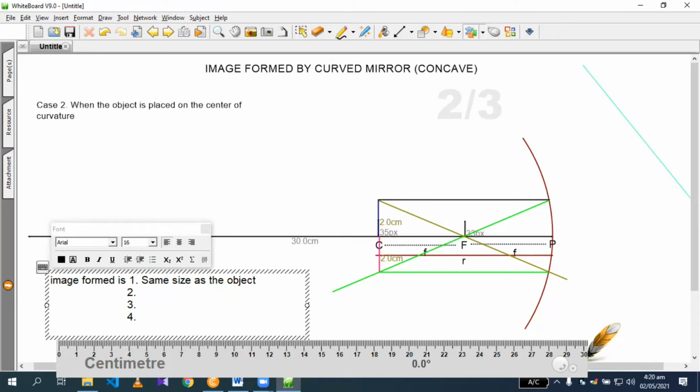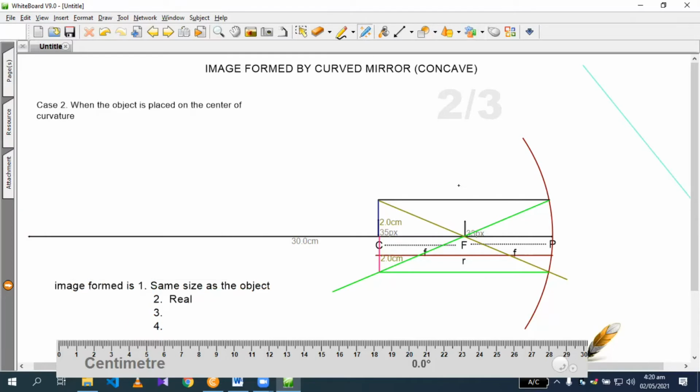Then the next thing, it is also real, because if you place your screen over there, you will see that it will be formed, and besides, you have all the rays of light coming together to converge here to form the image.